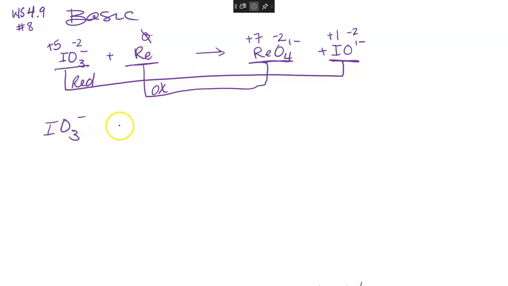IO3 minus yields IO minus, and then rhenium. Re yields ReO4 minus. First step is to balance what? Everything but oxygen and hydrogen. Are they balanced? Yes.